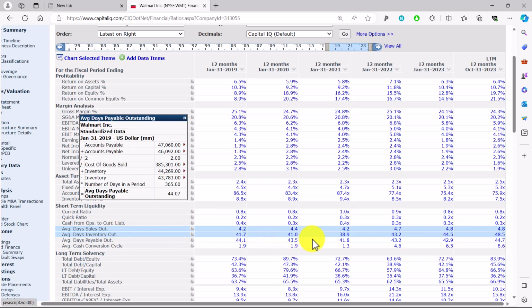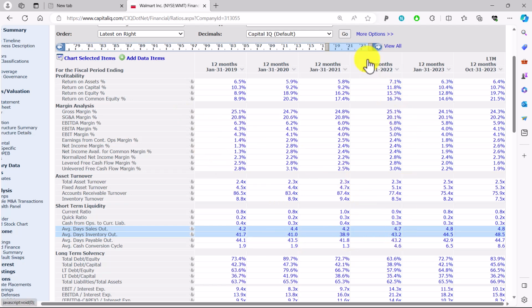So we see here, and I'm just going to use the example of 2022, for the 12 months ending January 31st, 2022, the days it took them on average to sell their inventory was 43.2 days. The days they took to pay on their inventory was the same amount of days, 43.2 days. And so they're not needing to borrow money to buy their inventory because they're putting that inventory on the shelf, and it's taking them the same amount of time to pay.